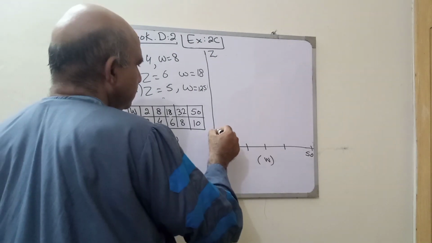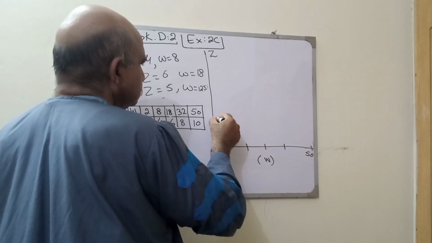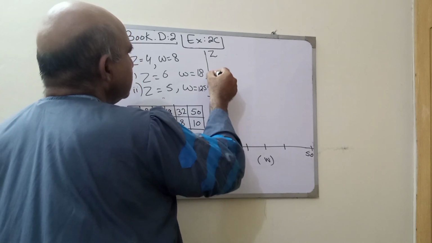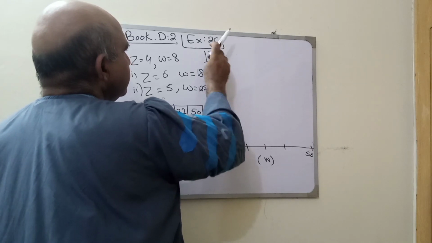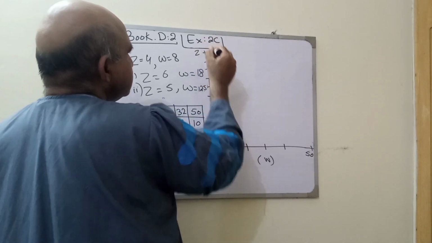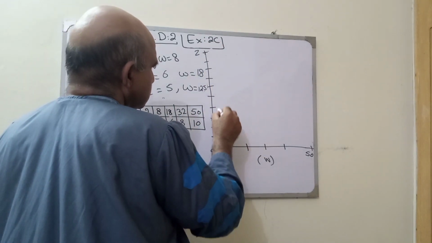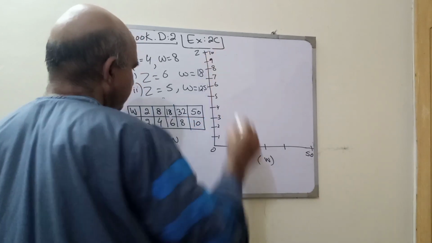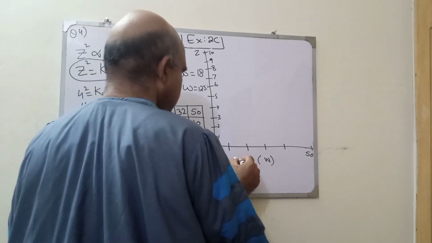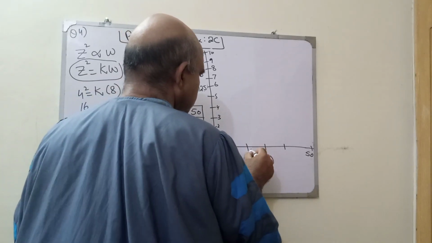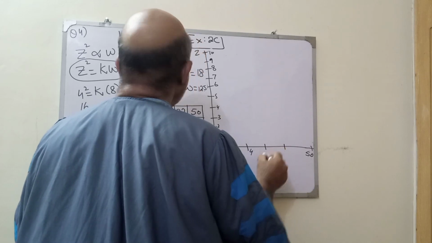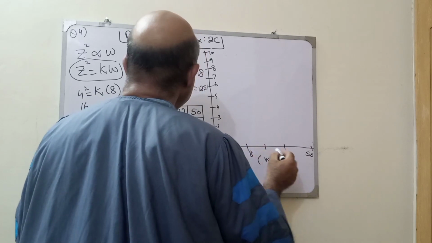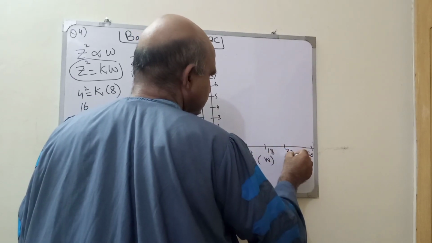And for this here, 1, 2, 3, 4, 5, 6, 7, 8, 9, and this is 10. 2, 3, 4, 5, 6, 7, 8, 9, 10. Then this is 2, 4. This is 2, 8, 18, and this is 30.